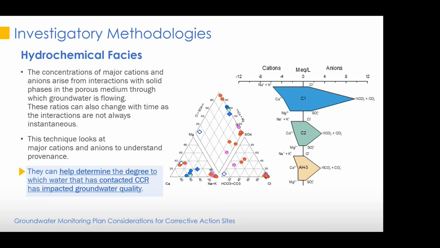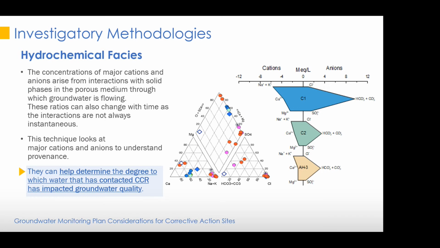So one of the things you can do is measure the concentrations of the major cations and anions and look at their ratios or their concentrations. And you can understand the origins of these chemical assemblages.